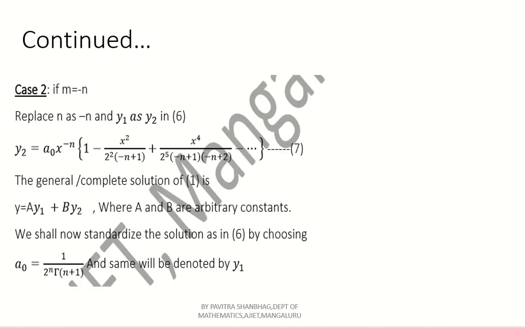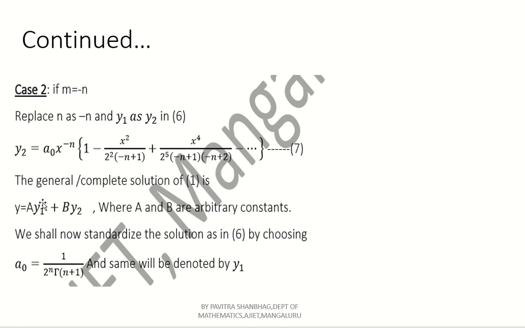So a naught x power minus n common, keep it outside: 1 minus x square divided by 2 square into minus n plus 1, plus x power 4 by 2 power 5 into minus n plus 1 into minus n plus 2 and so on.